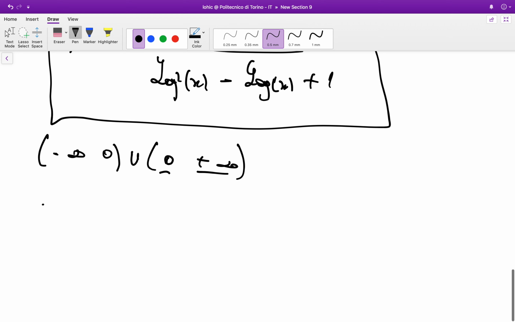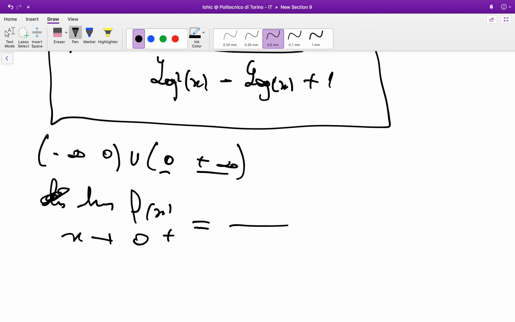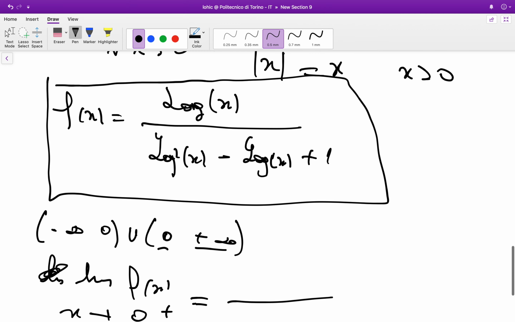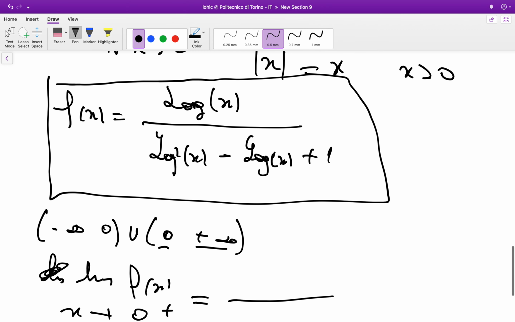So what is the limit of f of x when x tends to 0 plus? If I substitute 0 plus in the function, you can easily see that you will get logarithm of 0, which is infinity, right?